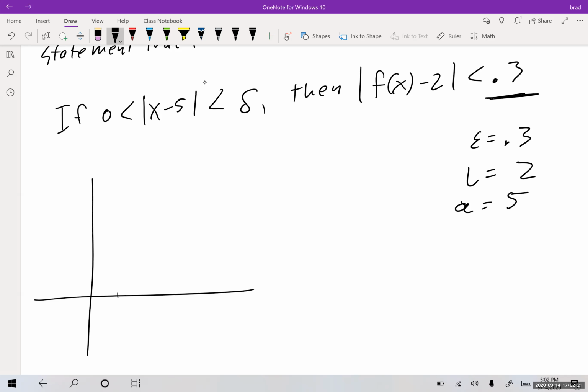And I'll draw some square root function like that. And then let's have it be right about here. Oops. Let's have it be right about here is 2. And then remember, epsilon is 0.3, so we're going to go up to 2.3 and we're going to go down to 1.7, right? And then that means, let's see here.